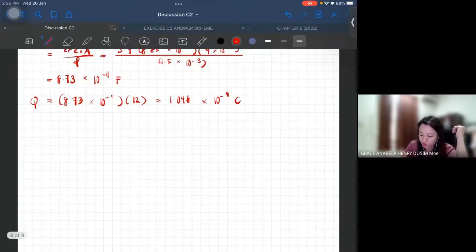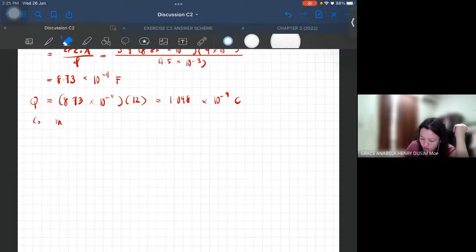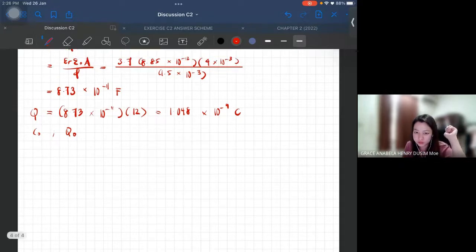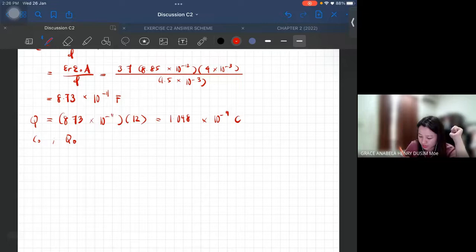After that, we have to find C naught because we need Q naught. How do we calculate that? By using the dielectric constant. Remember, dielectric constant is equal to C over C naught, which is also equal to epsilon over epsilon naught.